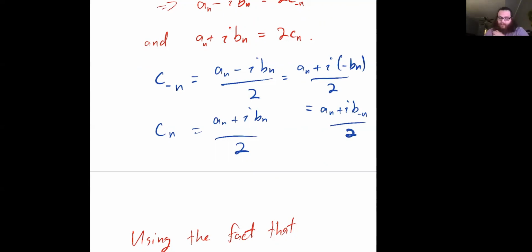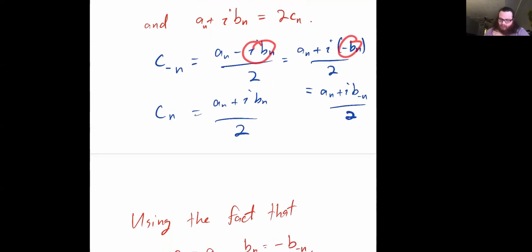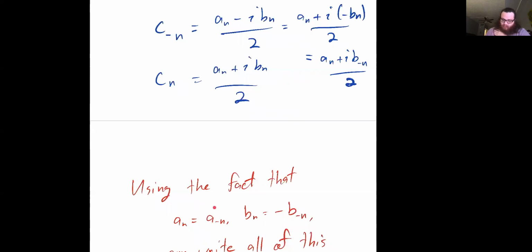That's messing with this b sub n. But then A sub n is equal to A sub minus n, so we can just substitute a minus n there and not change the value of A sub n. So this is going to be A sub minus n plus i b sub minus n over 2.